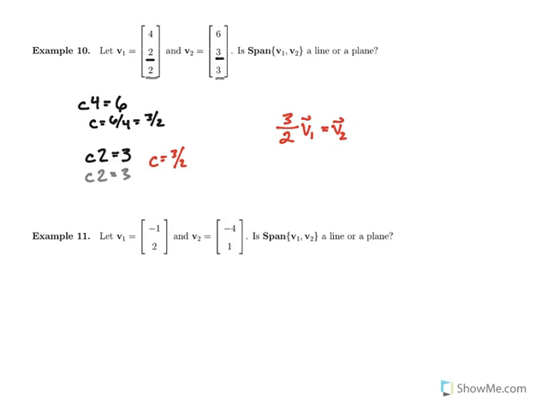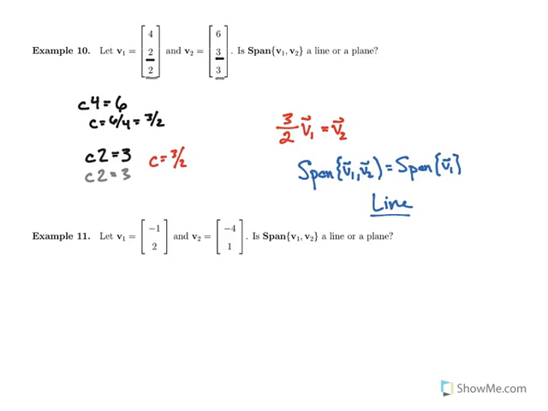That means that the span of these two vectors is just going to be equal to the span of one of those vectors, either one, and that's going to be a line through the origin.